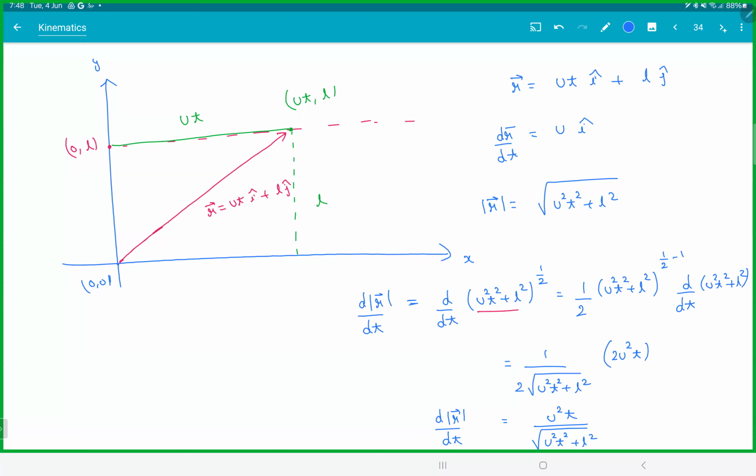Anyone not convinced with anything particular here, please ask. Clear? Now let's try to see the interpretation of this.